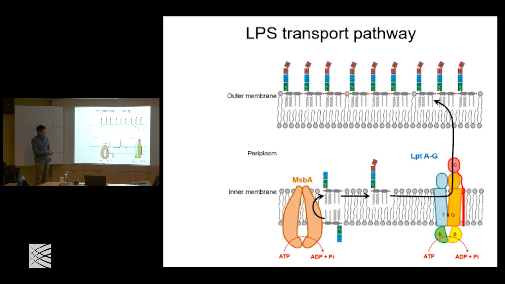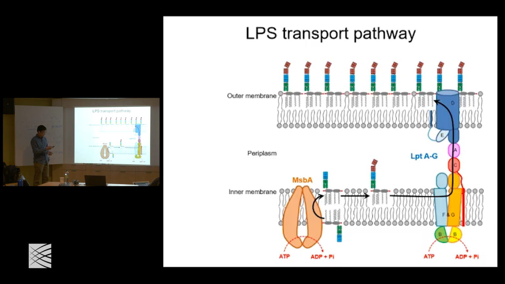The LptBFG complex stably interacts with a single transmembrane protein called LptC. LptC has a large soluble domain interacting with one of the proteins of F and G, and further interacts with a soluble protein in the periplasm called A, and then further interacts with the outer membrane complex called the D and E complex.